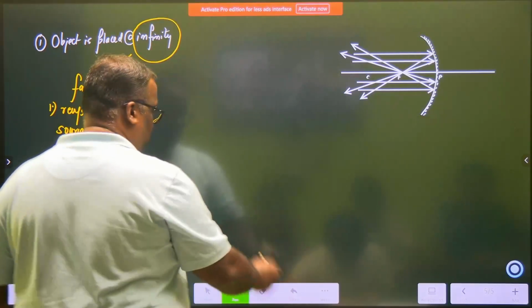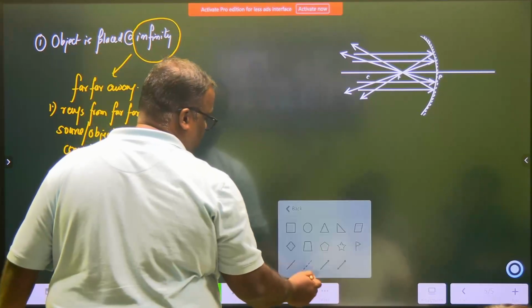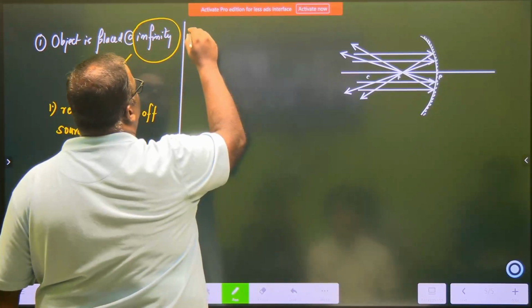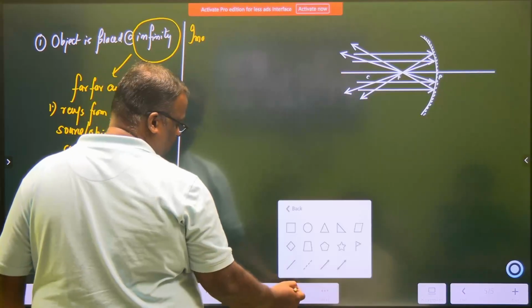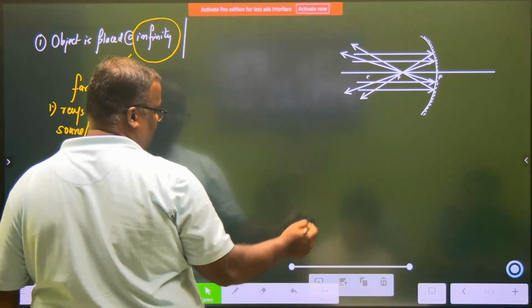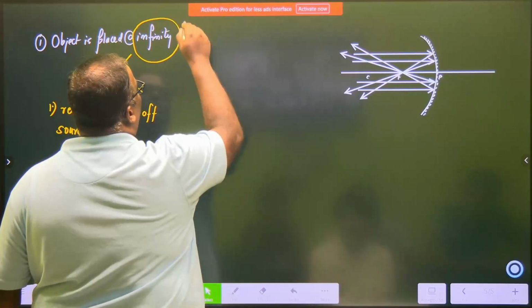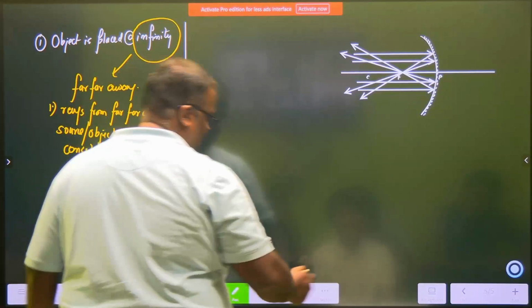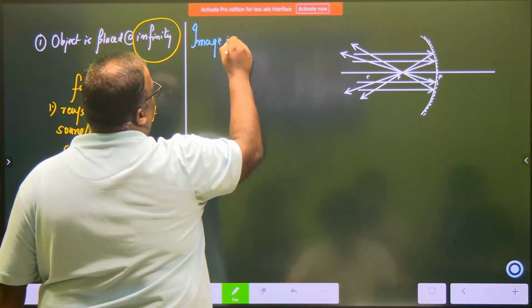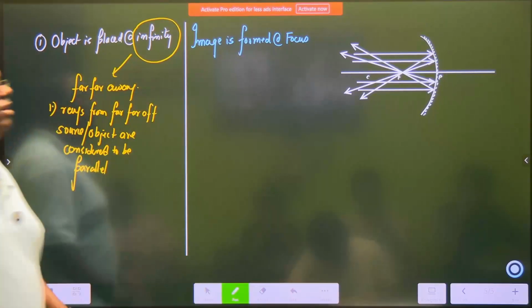So I will now comment on the position, nature and size. When the object is placed at infinity, number 1, the image is formed at focus.